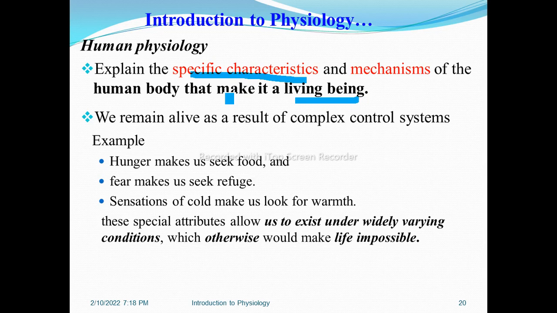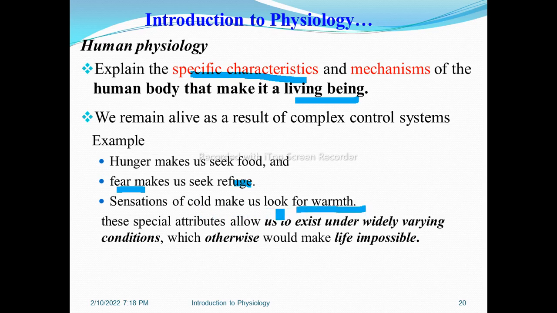We remain alive as a result of the complex control systems of our body. For instance, we seek food due to hunger, we seek refuge due to the feeling of fear, and the sensation of cold makes us look for warmth.